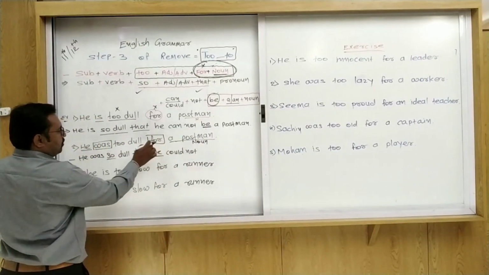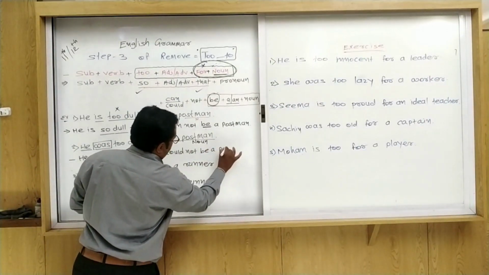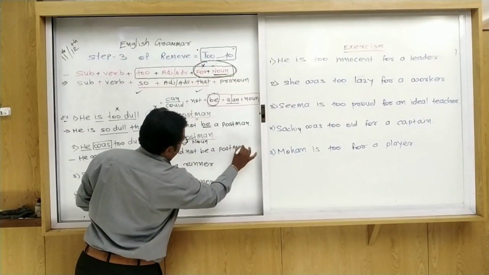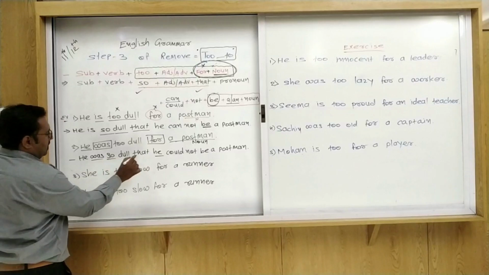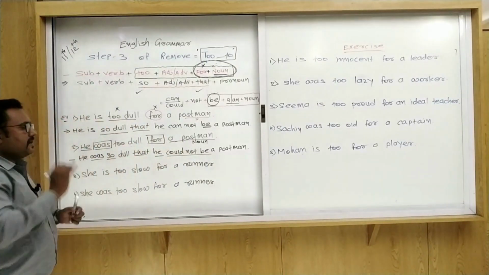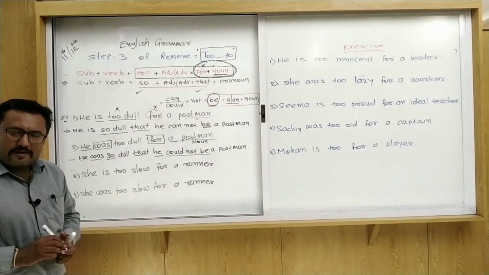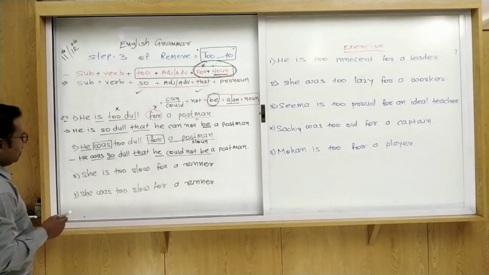He could not, a postman. So be a postman. Okay friends. He was so dull that he could not be a postman. Is that clear? Now, the second one.